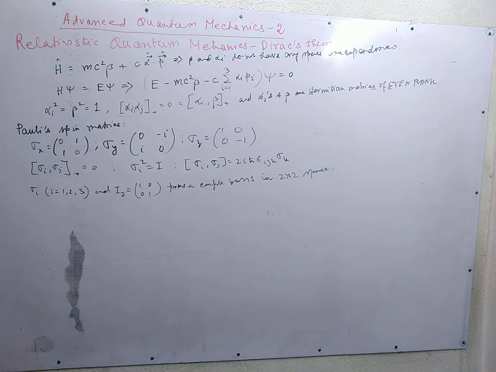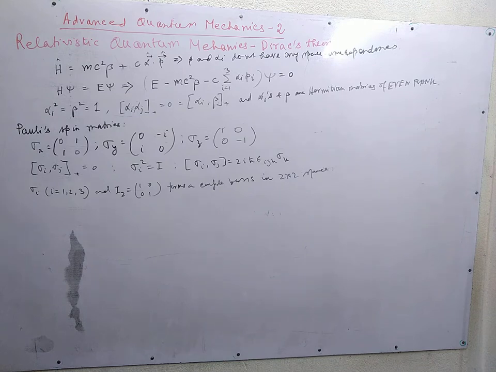So any matrix can be written as a combination of these. So if we could relate these sigma i's with alpha i, then beta is no more an independent matrix, and beta cannot be a unit matrix.